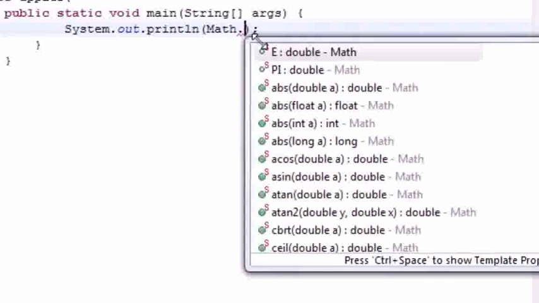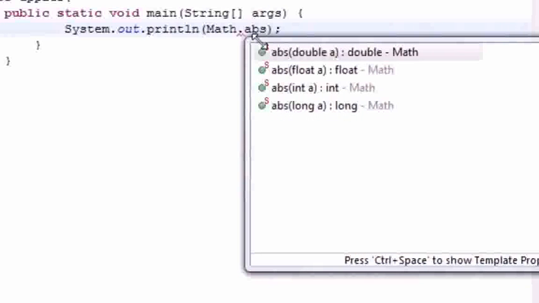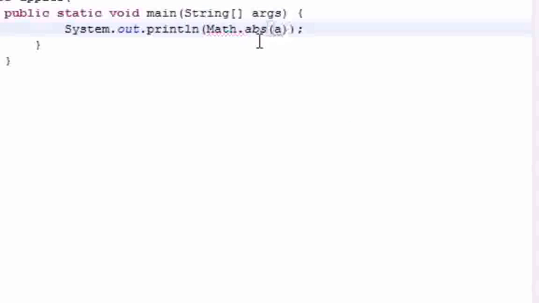the first one I want to teach you guys about is called the absolute value, and that's abs, and inside your parameter it takes one number. What the absolute value does is take any number, negative or not, and give you the absolute value of it.